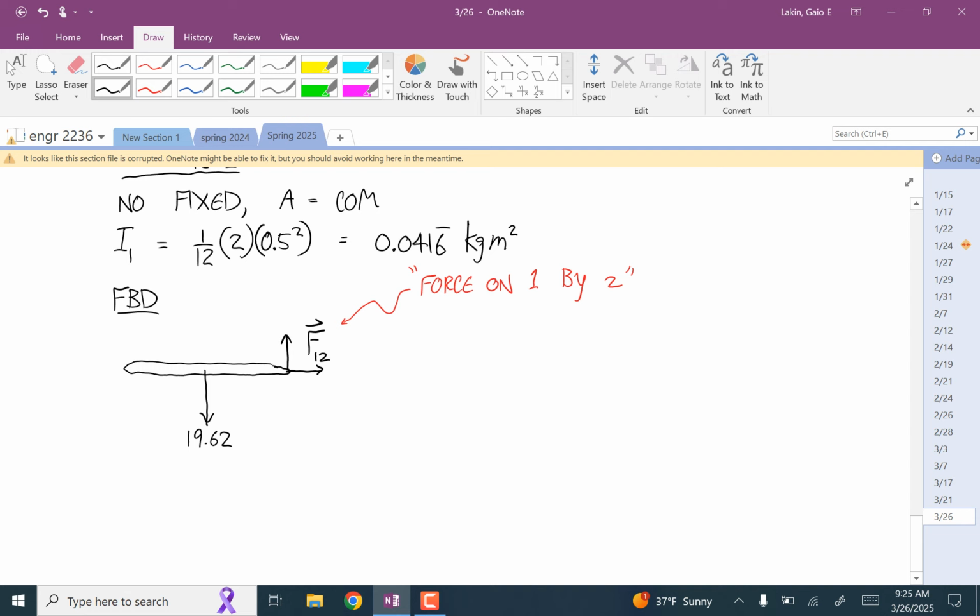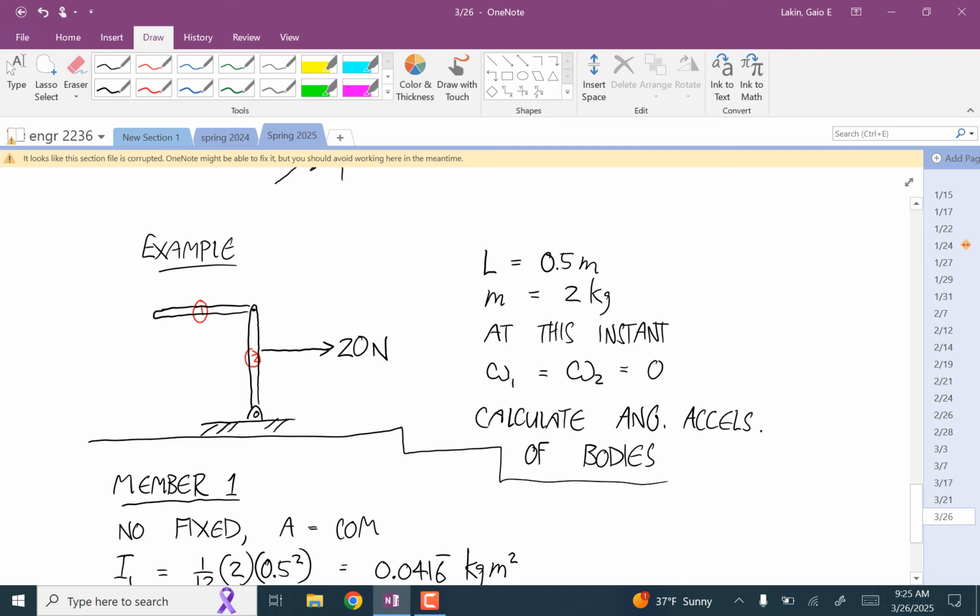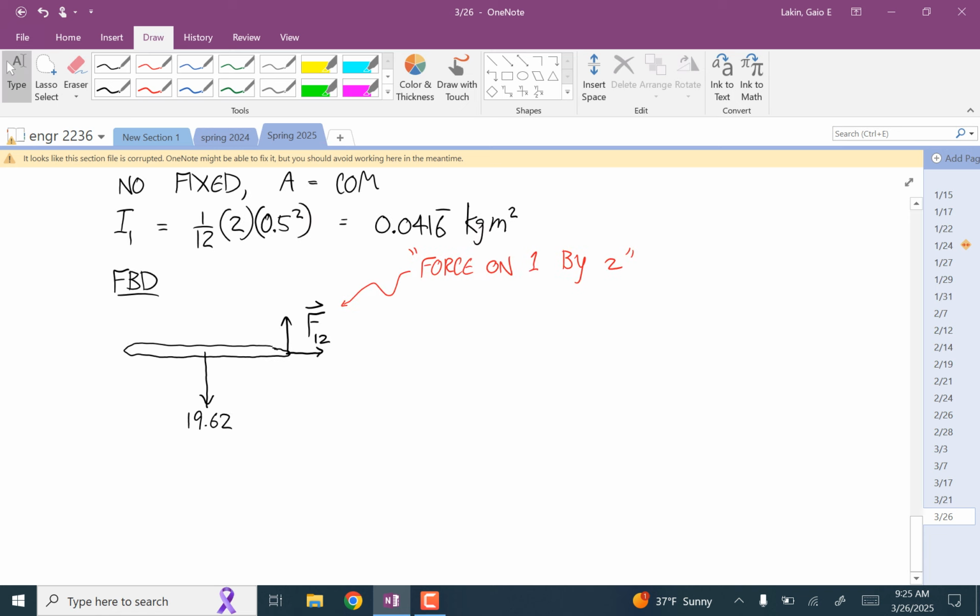It's just that now this is connected to another body, and that's why we're using this subscript notation. But that is not a fixed point. It's fixed to another body, but a fixed point means fixed in our coordinate system, fixed to the ground. Okay? And now we'll go to the table.